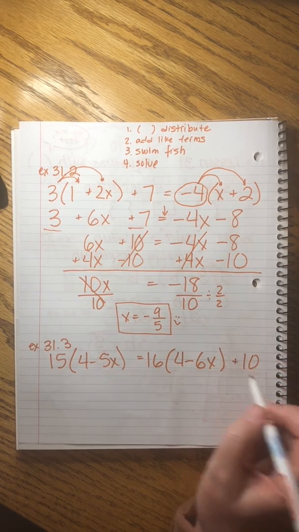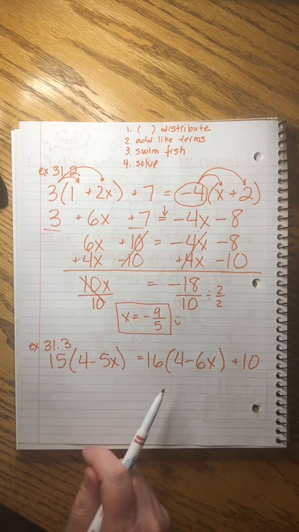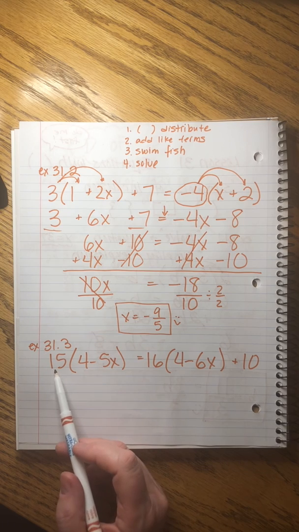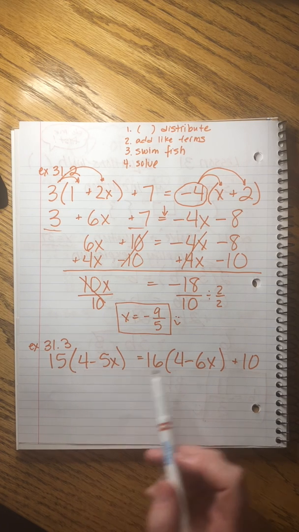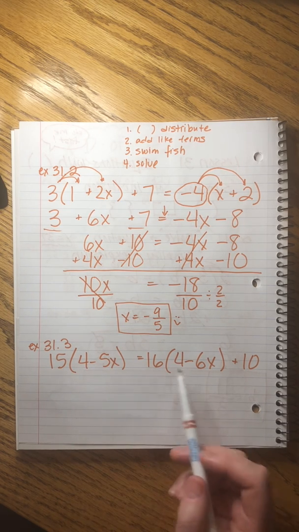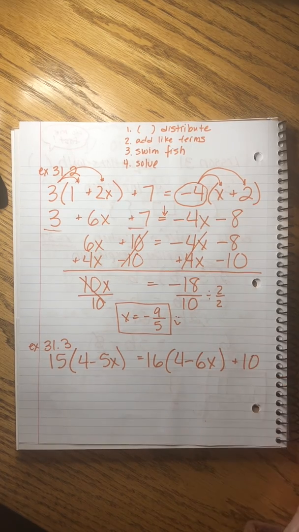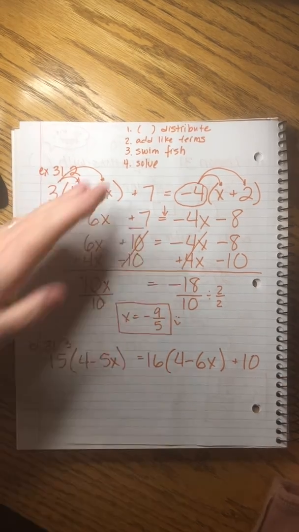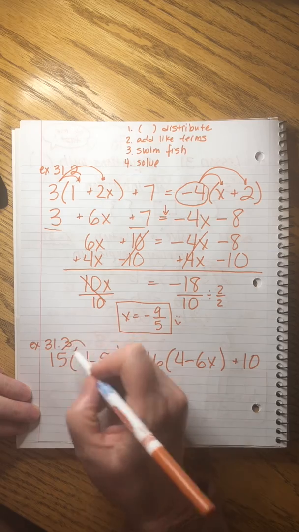This one's really not any harder than that one. It's just got some bigger numbers in it. 15, just double checking to make sure I wrote it properly. Yay, that looks good. Okay, same as always, we distribute first.